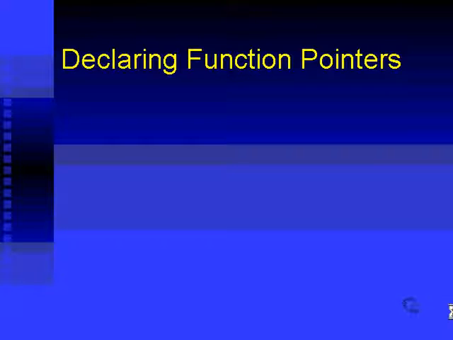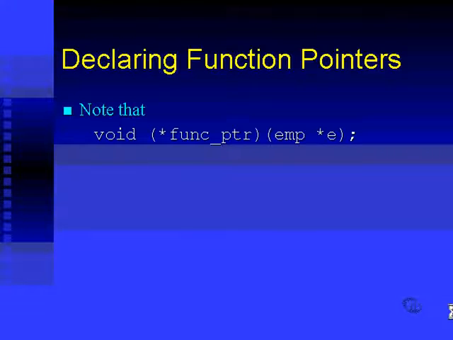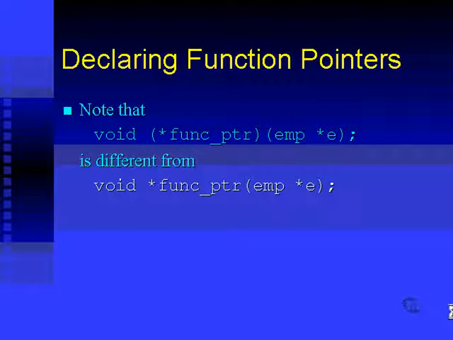Let's have a little bit of a closer look at that. There is our declaration again. It's exactly the same from the previous slide, and that is very different from that. That's how a lot of people are inclined to declare a function pointer, and they're wrong. That is a function prototype. It's a prototype of a function called func pointer that takes one employee structure pointer as its parameter and returns a pointer to a void.